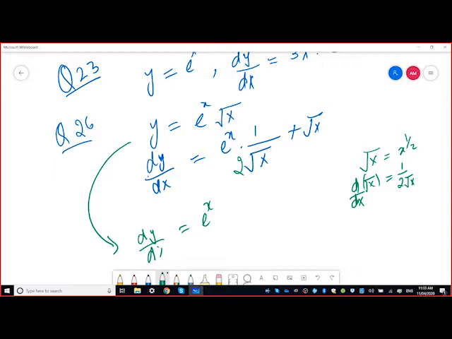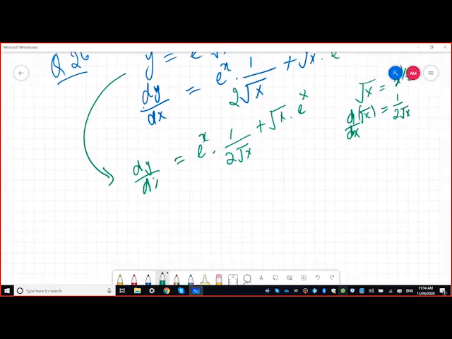So if we see, this dy upon dx becomes e^x times 1 over 2 under root x, plus we have under root x into e^x here also. Do you understand that or no? Yeah, I do.